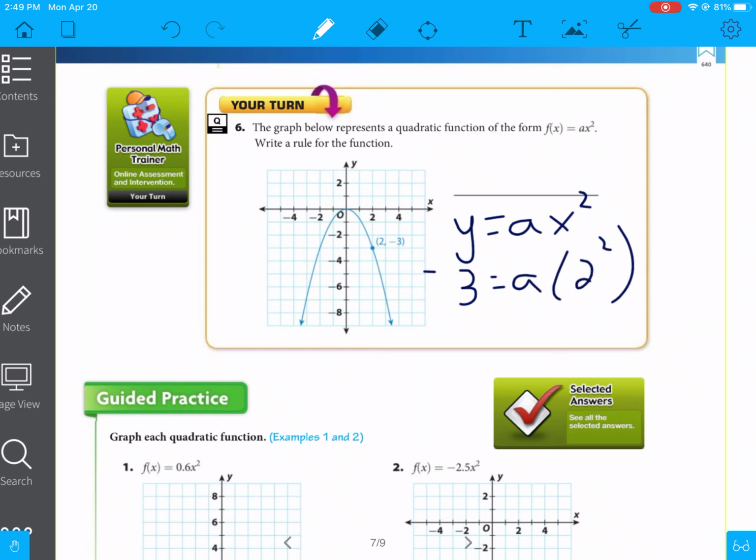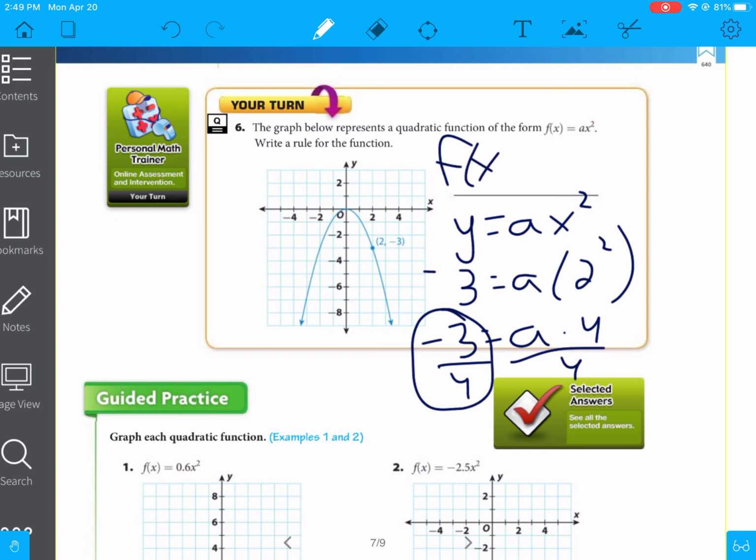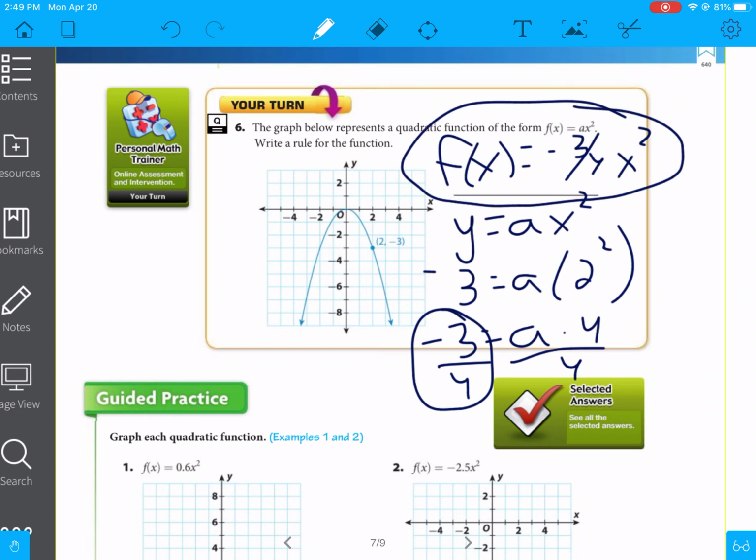So you guys know 2 squared is 4. So -3 equals a times 4. Now you divide by 4. Your a equals -3/4. So you're just going to have to write a rule. So it's going to be f of x equals -3/4 x squared. And that's your rule there.